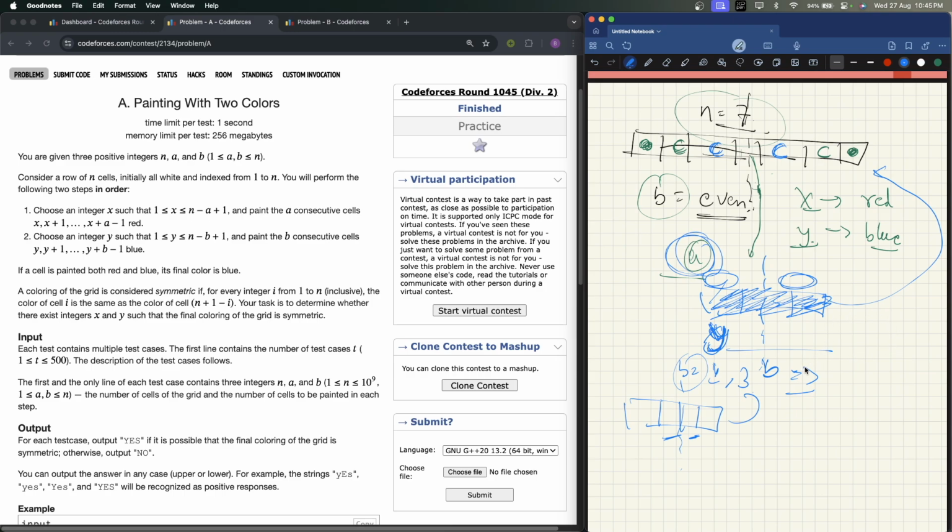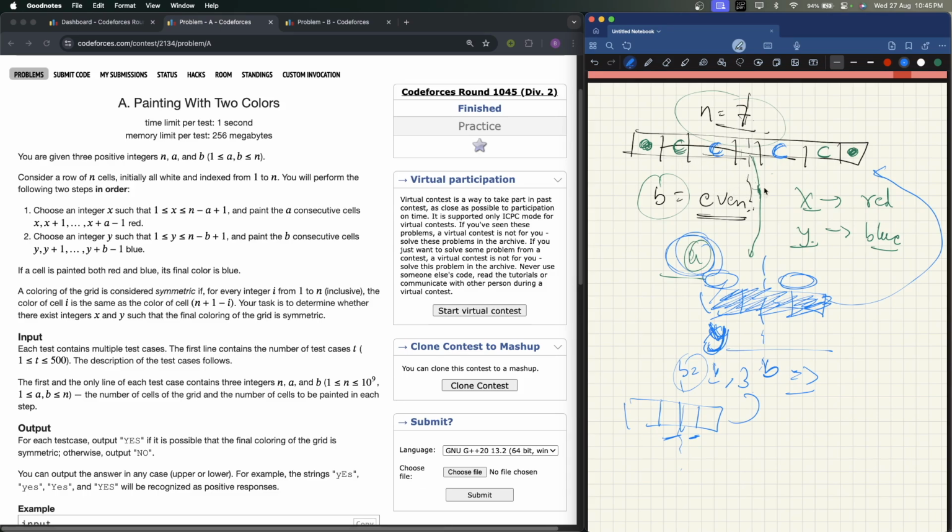Okay. Now coming to the adjustment of the red color. First, we have already colored the array blue. Why have we colored the array blue? Because here it is mentioned that the final color is always blue, and to achieve this symmetry the coloring of the median will always be blue.